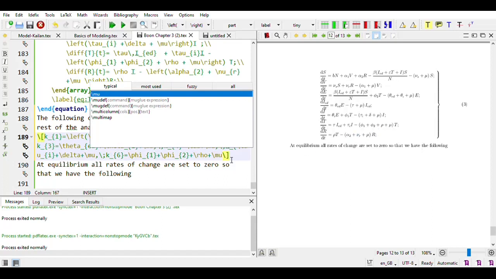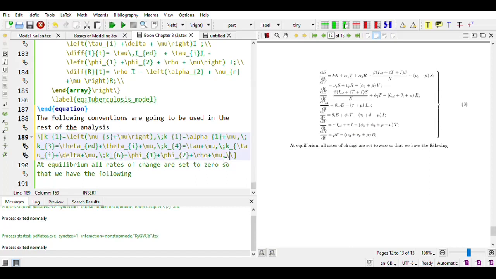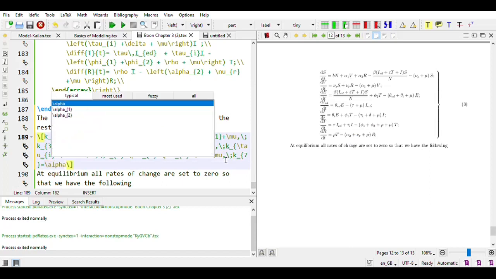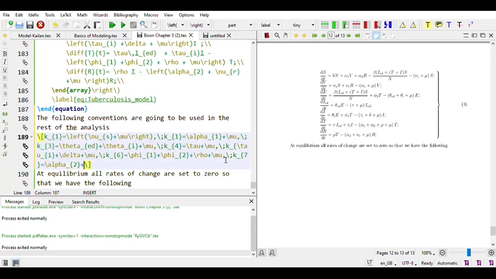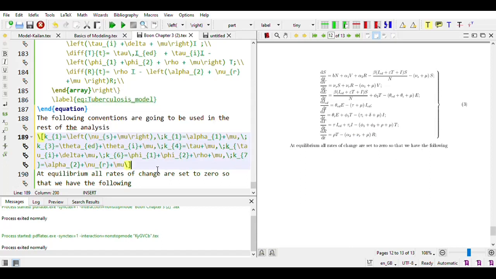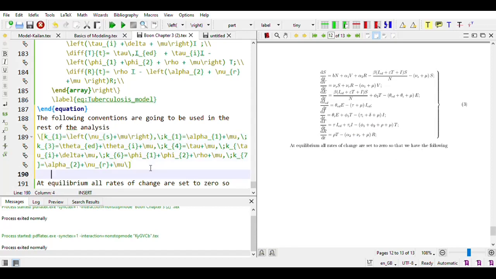And finally k7 is going to be equal to alpha2 plus mu_r plus mu.